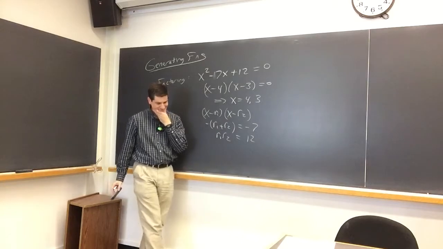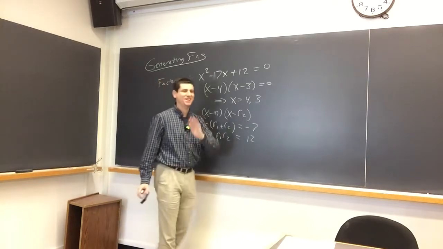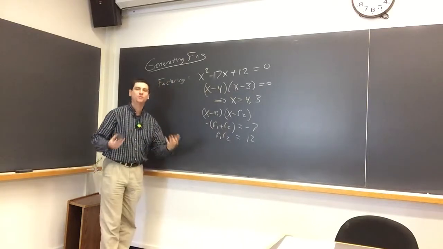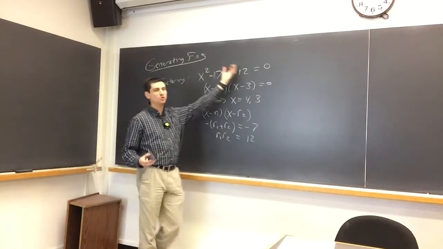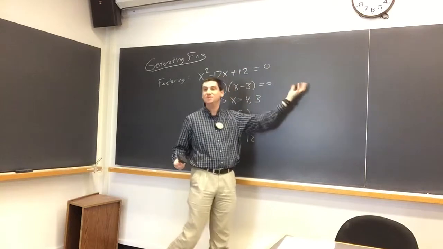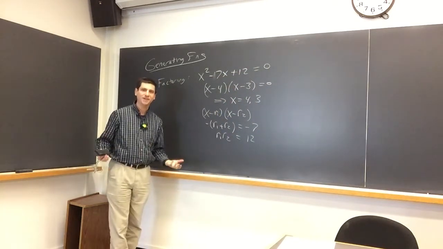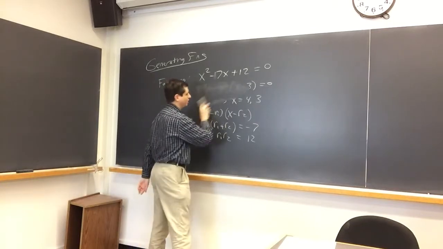It is not pleasant to use. If you could avoid using the quadratic formula, if you could just look at it and see the answer, you would clearly much rather look at it and see the answer than use the quadratic formula. But if all else fails, it's not horrible to resort to the quadratic formula.